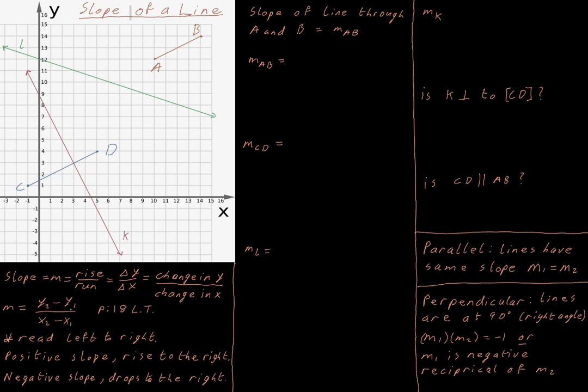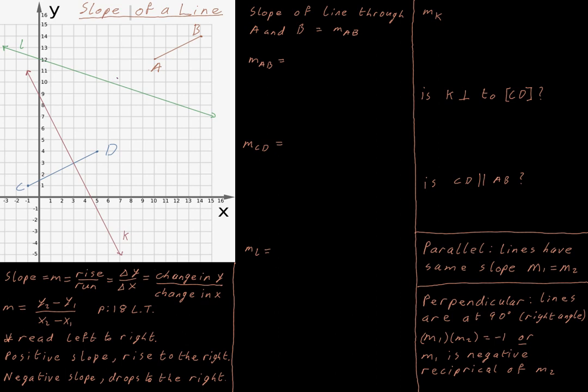And to put it into terms of coordinates, we could look at the y value of the second point minus the y value of the first point. That would give us our change in y, divided by the x value of the second point minus the x value of the first point. And this formula here, m is equal to y2 minus y1 all over x2 minus x1, is on page 18 of our formula tables, of our log tables.